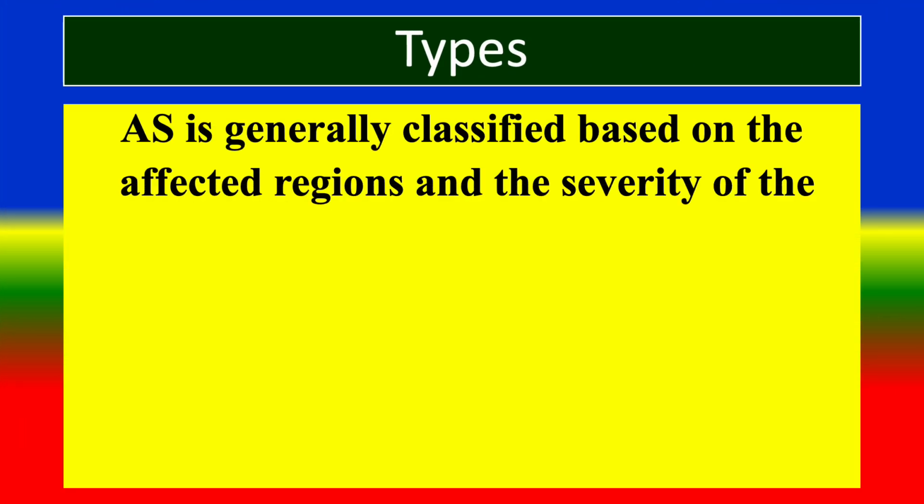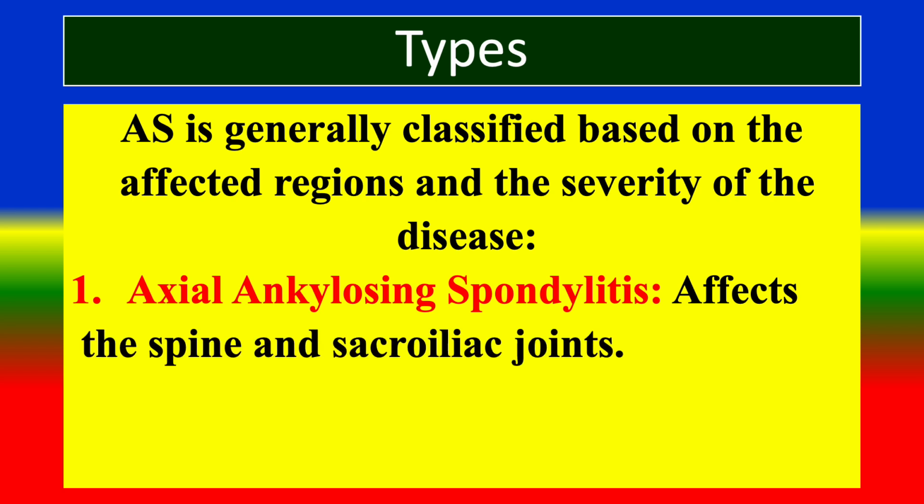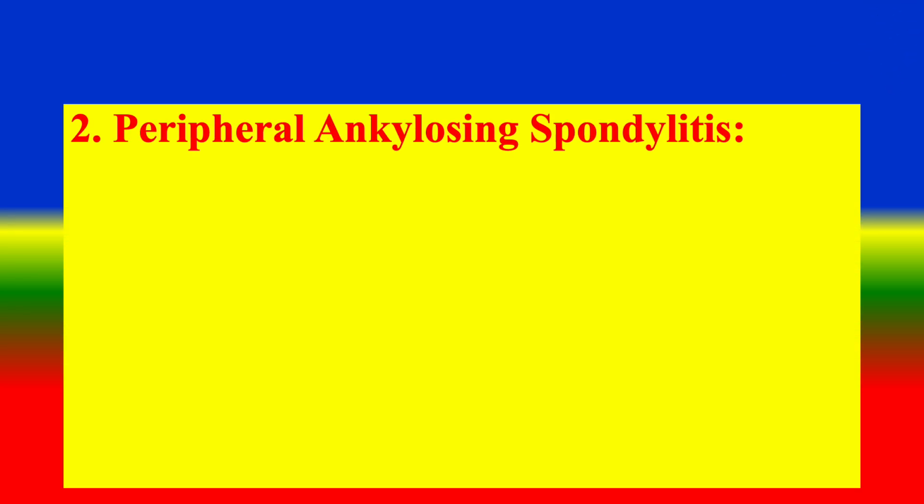Types. AS is generally classified based on the affected regions and severity of the disease. 1. Axial ankylosing spondylitis affects the spine and sacroiliac joints. 2.